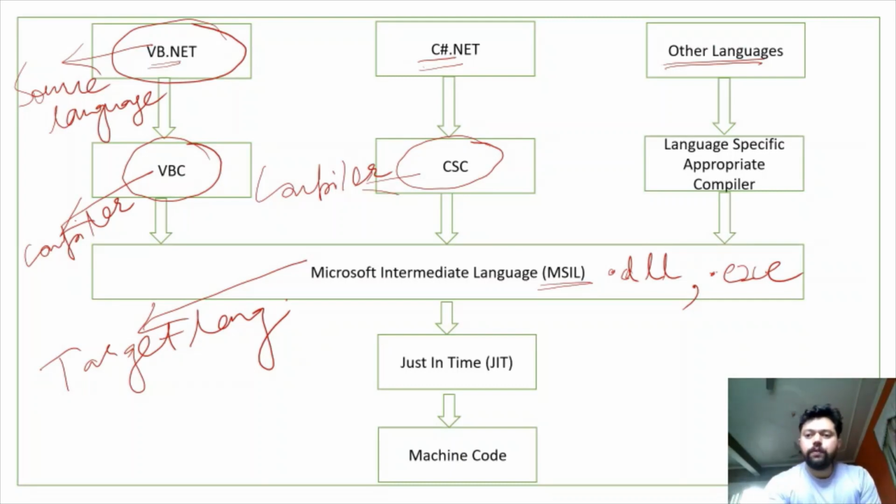This is the first phase of your execution, which converts the source language into an intermediate language, called Microsoft Intermediate Language, or MSIL.